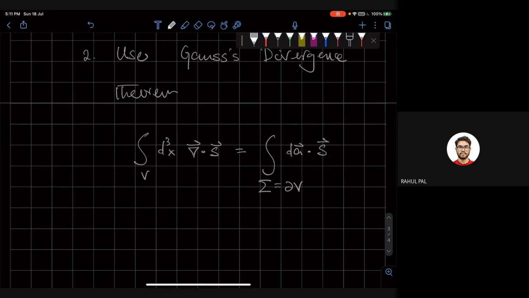You may have to use it where the volume, in this case, will be all of space, sorry, not space-time. So these are the hints. That should be enough. Okay?